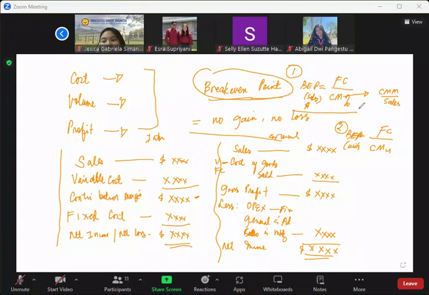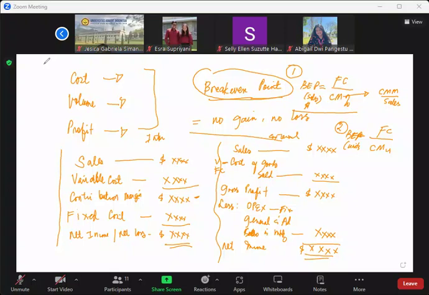Let me share another example for this. You have a break-even point: no gain, no loss. This is the formula. And if you want to have an income of a certain amount, we also have a formula for that. There is a calculation, which we are going to apply shortly for the company that you are going to get from Bursa Efek Indonesia.